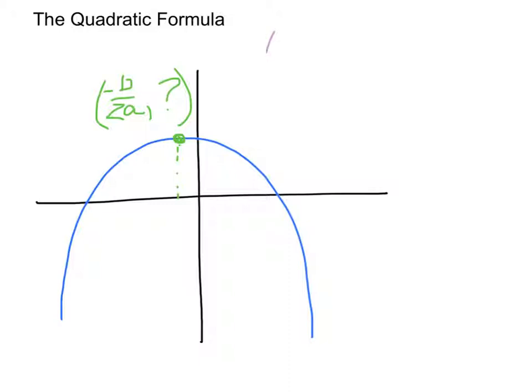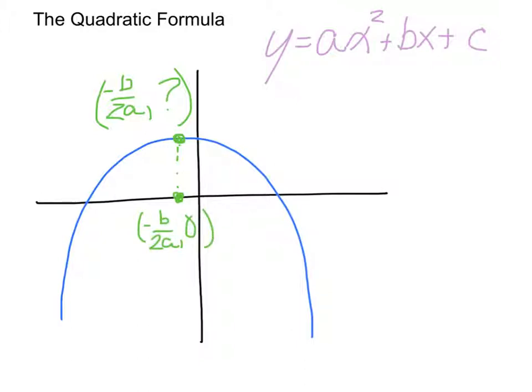So let's write out the general form of our quadratic equation, which is y equals ax squared plus bx plus c. Okay? So we have negative b over 2a, and that represents our vertex. And so that means that this point right here is negative b over 2a, comma 0, because it is a point that lies on the x-axis.